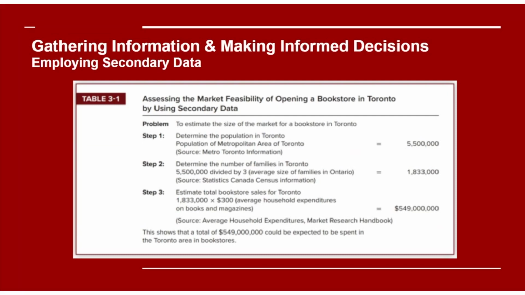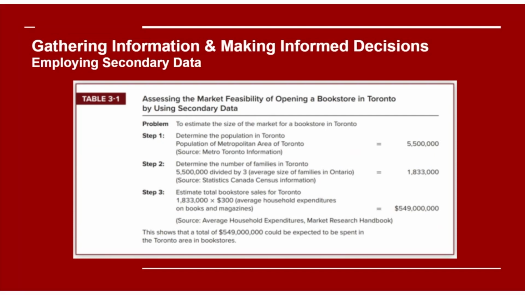So what we're doing is assessing the market feasibility of opening a bookstore in Toronto by using secondary data, okay? This is an example right out of your book, just to show you the process. We have to estimate the size of the market for a Toronto bookstore. First of all, we're going to determine the population of Toronto. Toronto has about 5.5 million people, Greater Metropolitan Toronto, the GTA.